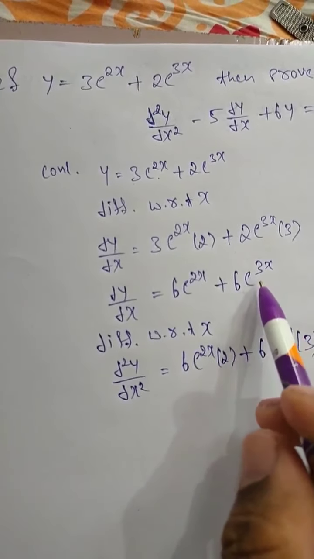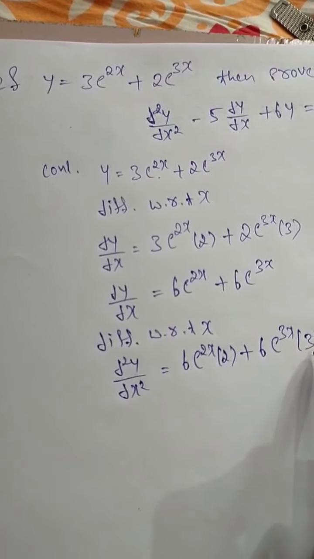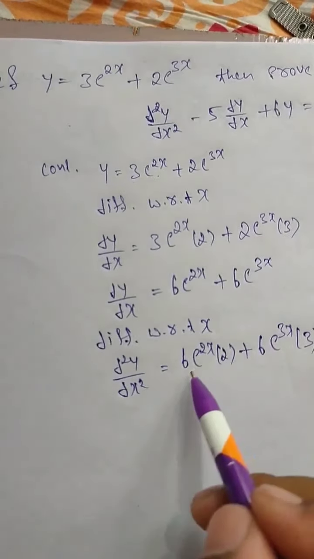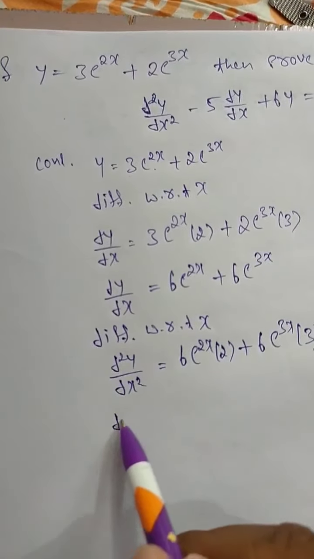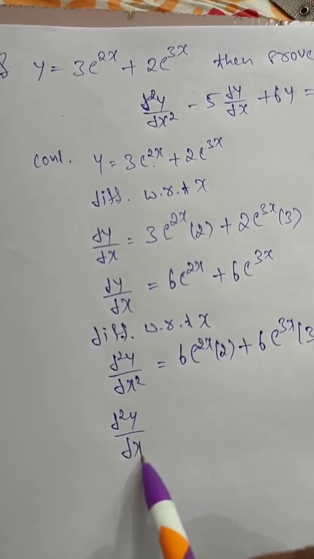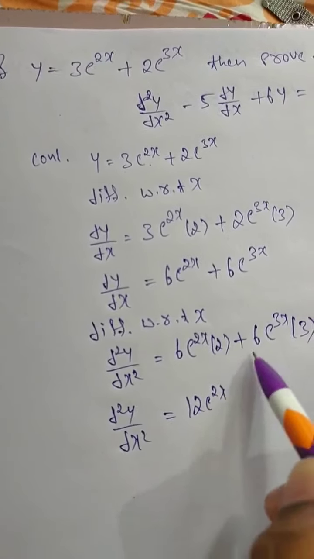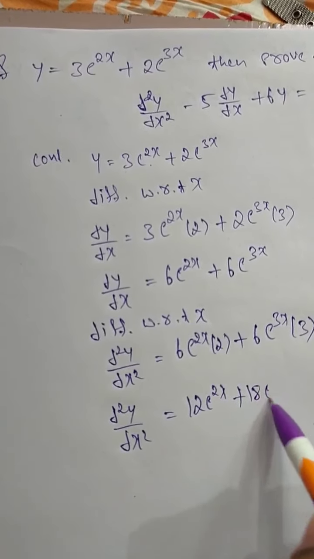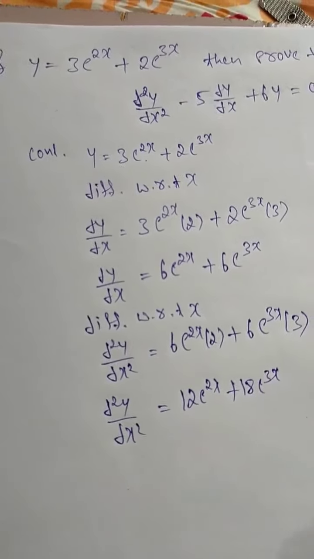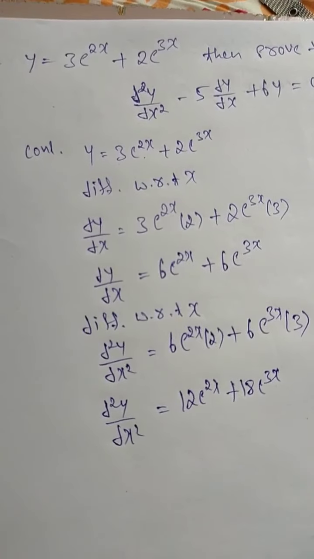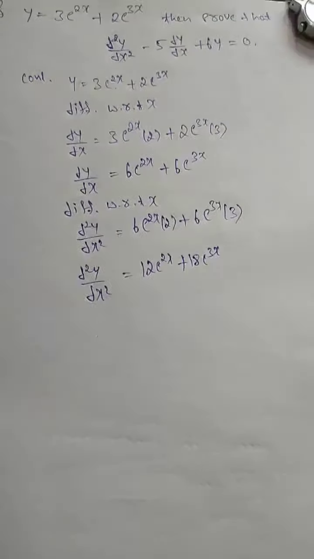So we have applied the chain rule of differentiation. 6 twos are 12. So d square y by dx square is equal to 12 e to the power of 2x, plus 6 threes are 18 e to the power of 3x. So this is the differentiation. We have completed the differentiation now.